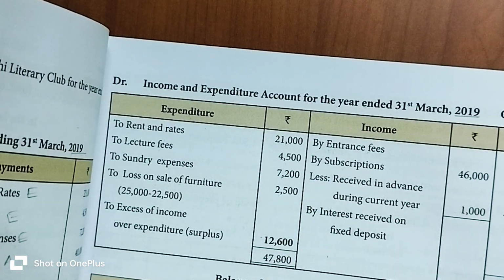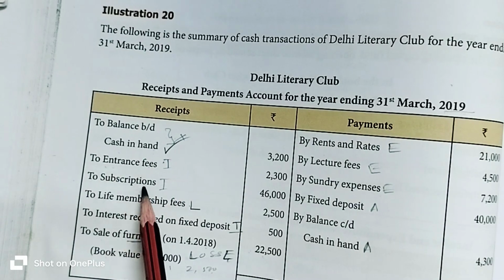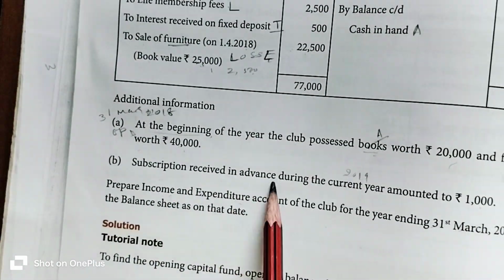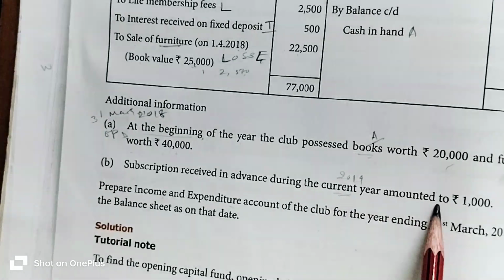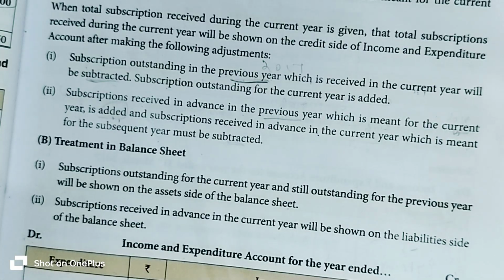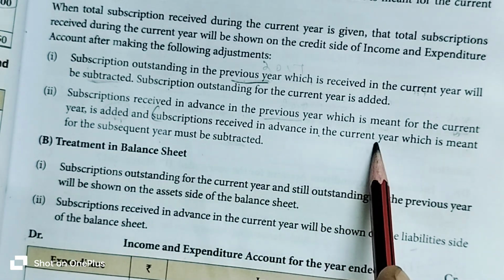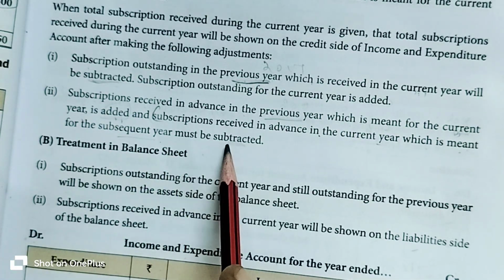Listen, subscriptions 46,000. They have given here that subscription received in advance during the current year amounted to 1,000 rupees. Listen carefully, as per the format: subscription received in advance in the current year is meant for the subsequent year, so it must be subtracted.